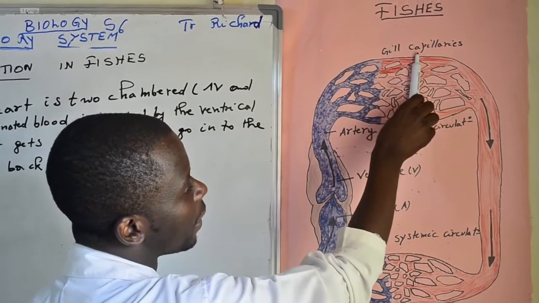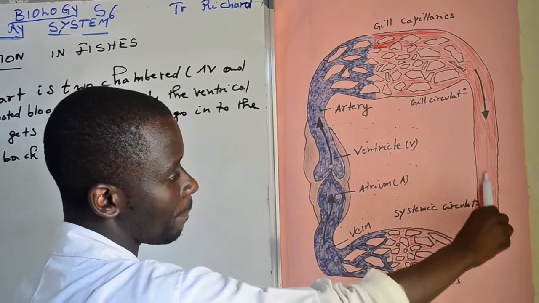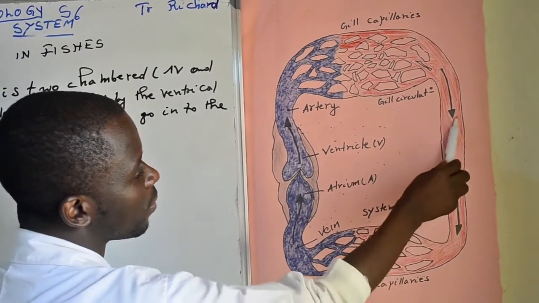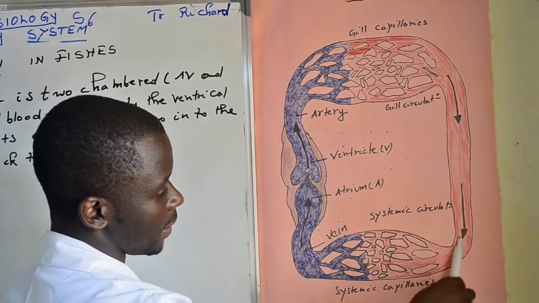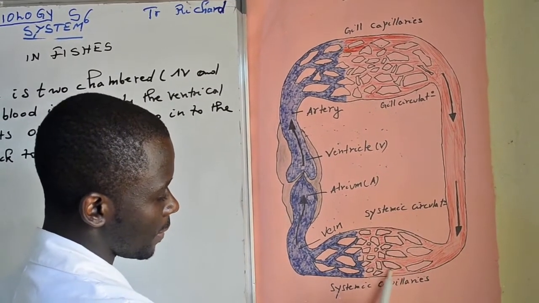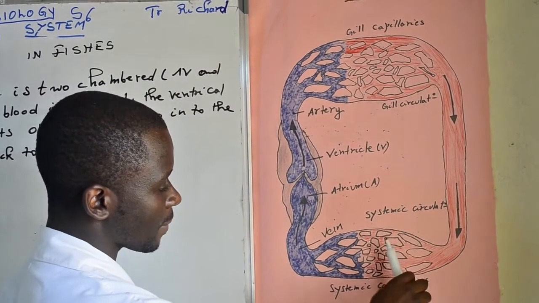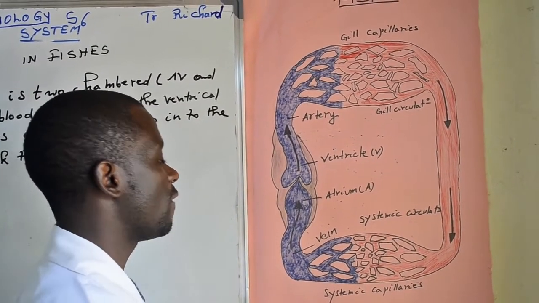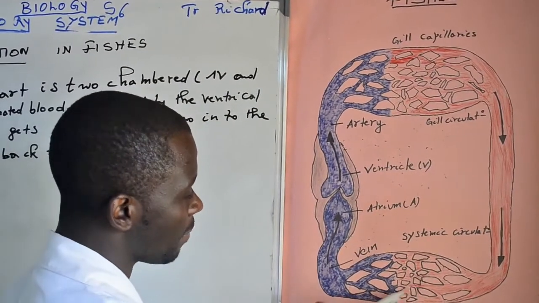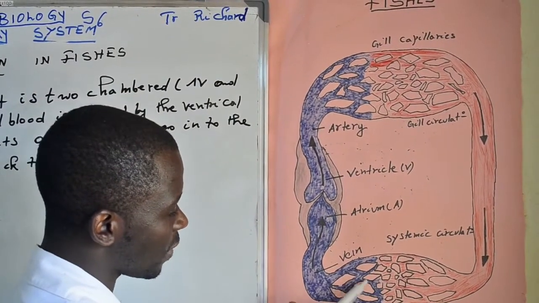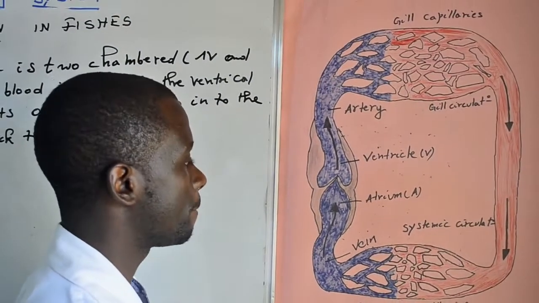From the gill capillaries, blood is carried to the body, and blood which is getting carbon dioxide comes back through the veins to the atrium.